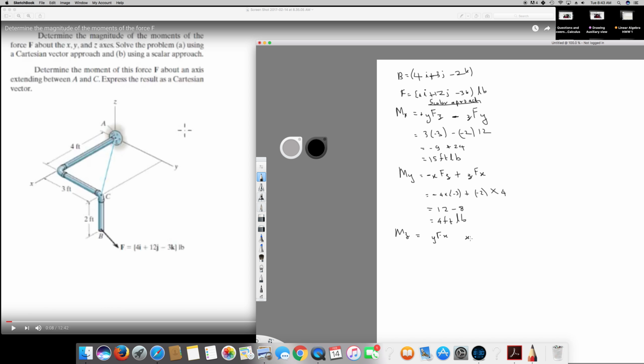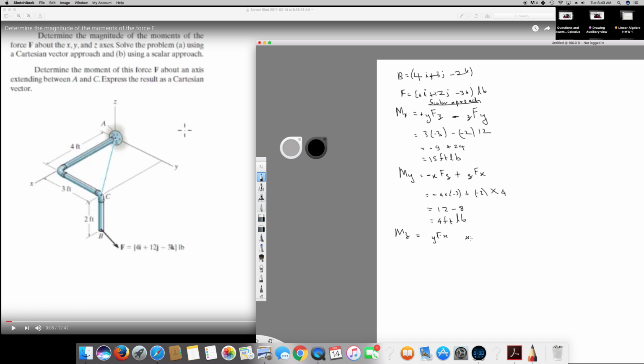It's going to be i j, 1 0 0, 4 3 minus 2, 4 12 minus 3. So let's cross this. It's going to be the diagonal-like thing. So this is my positive cross. This is my cross product, and if I cross and multiply, then let's see what happens.